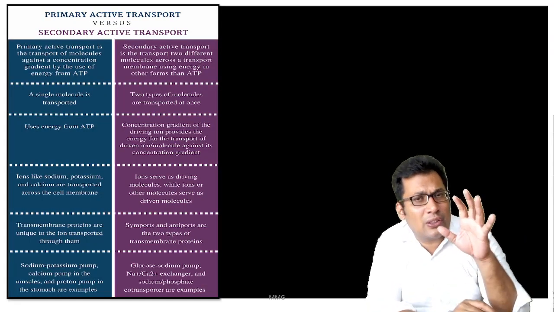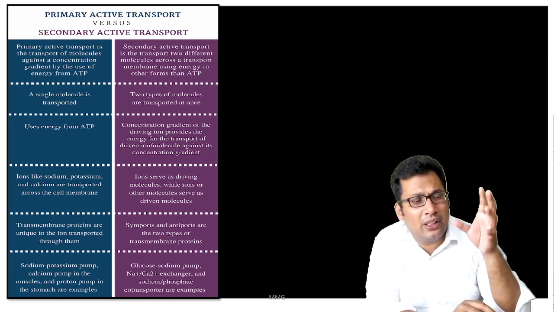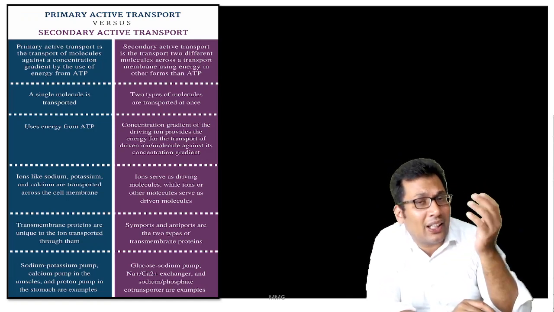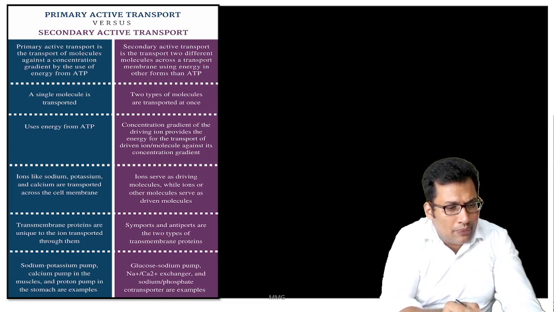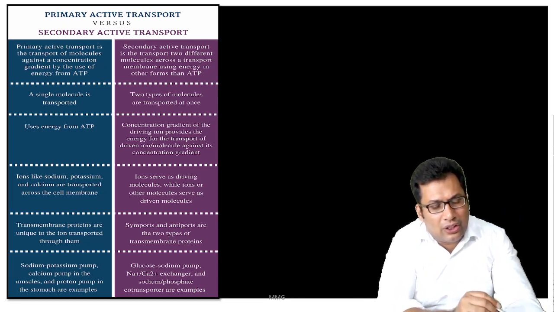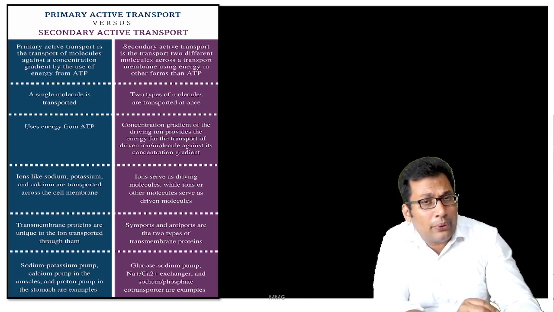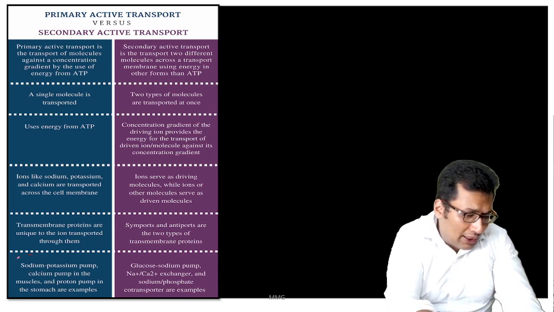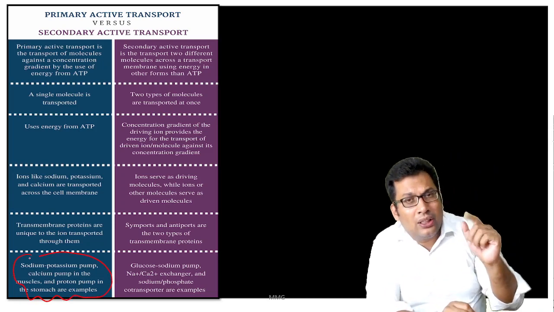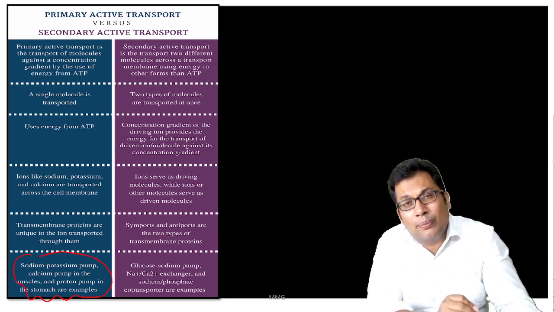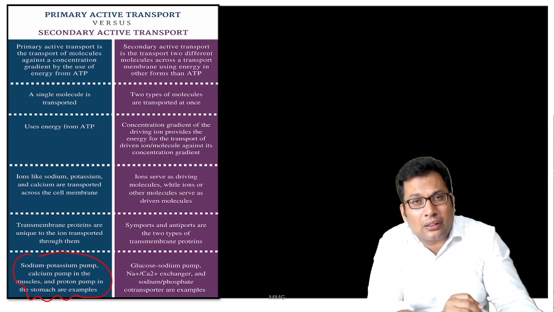The differences you must also know. What is the difference between primary active transport and secondary active transport? That is given in your notes. Try to remember the examples. Examples of primary active transport: sodium potassium pump, calcium pump in the muscles, proton pump in the stomach.